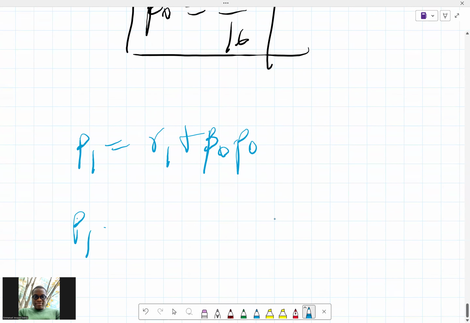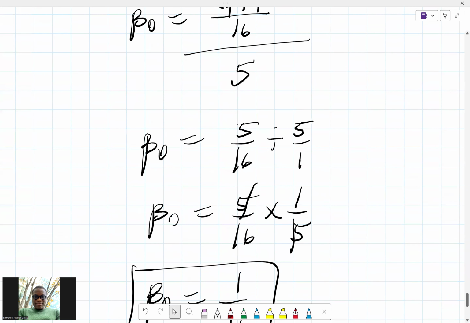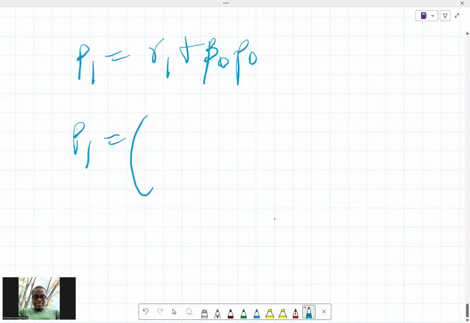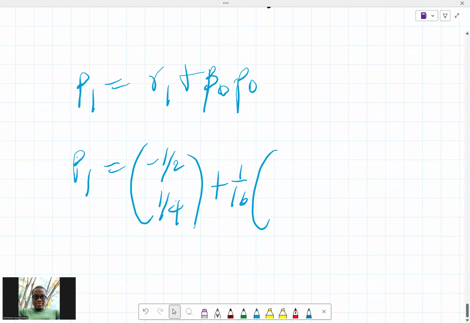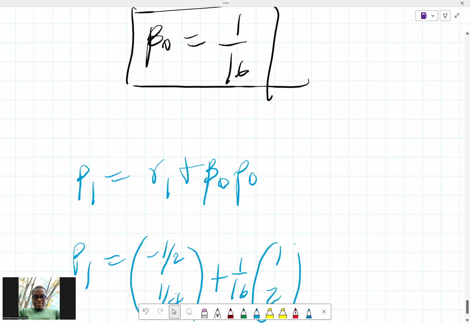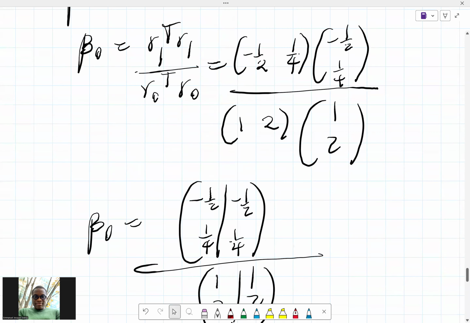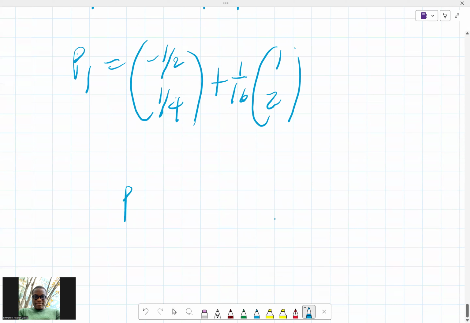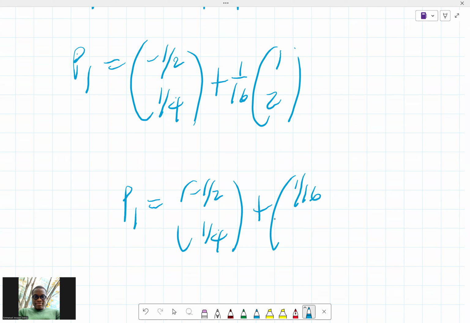So P1 is equal to R1 again. R1, we just got minus half, 1 over 4, right? So P1, that's minus half, 1 over 4, plus beta naught, which is 1 over 16, into P naught. P naught again is 1, 2, I think. Yeah. P naught is 1, 2. Yep. P naught is R naught for sure. So that's 1, 2. So we have P1 to be minus 1 over 2, 1 over 4, plus 1 over 16, then 1 over 8, if you like.